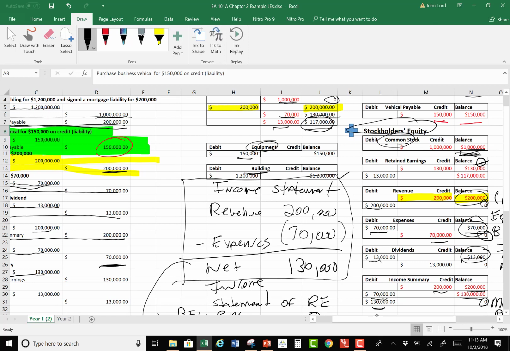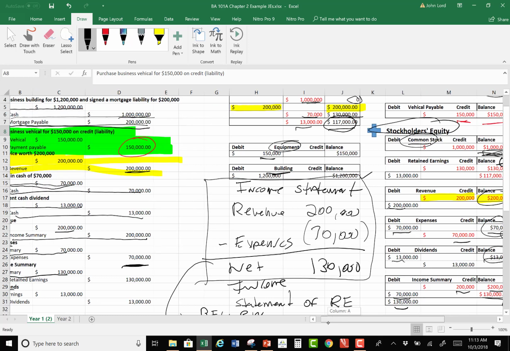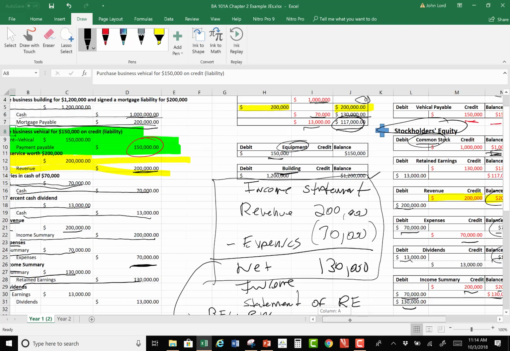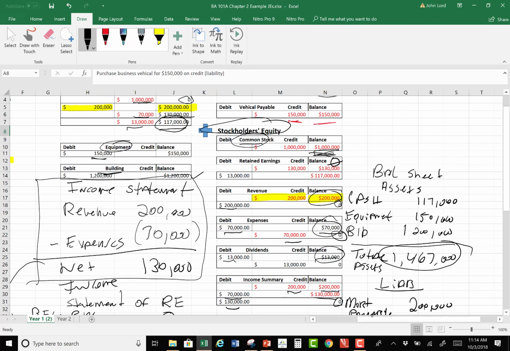I want it to be 0, don't I? And I go ahead and I credit my retained earnings. Now I have finally done a journal entry that affected retained earnings. I've credited retained earnings, haven't I? So I come over and I post to retained earnings for 130, and the balance comes up to 130, doesn't it?